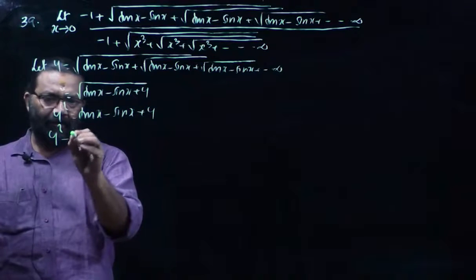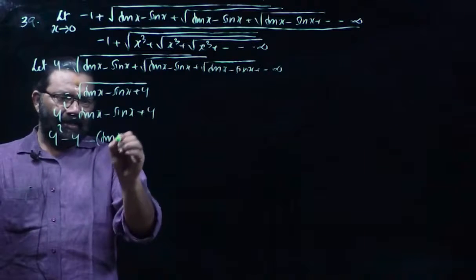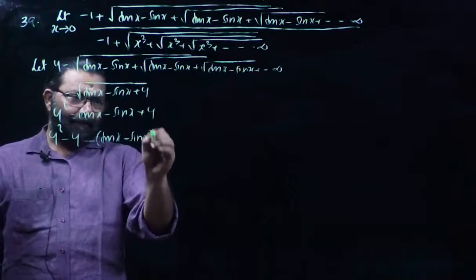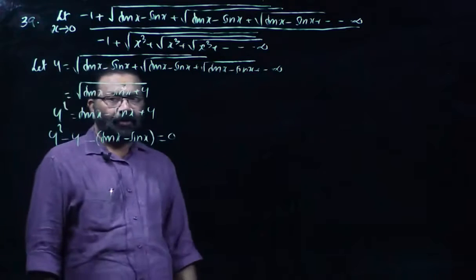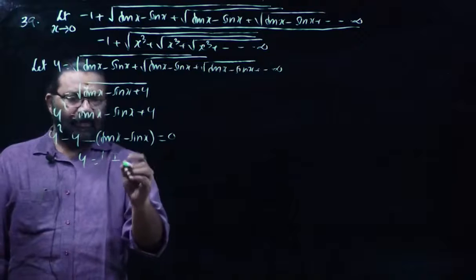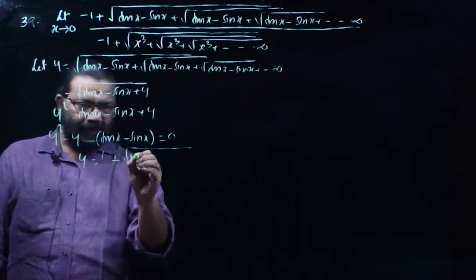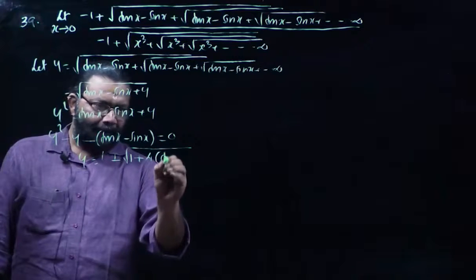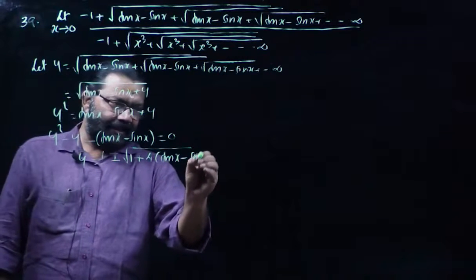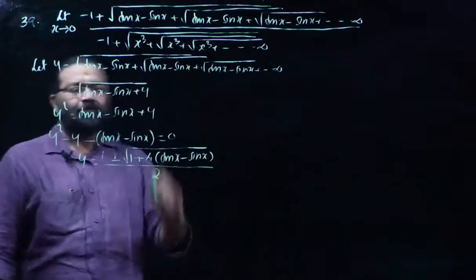So y square minus y minus (tan x minus sin x) equal to 0. So y equal to 1 plus or minus root of b square is 1, 4ac is minus, so 4 into (tan x minus sin x), divided by 2.